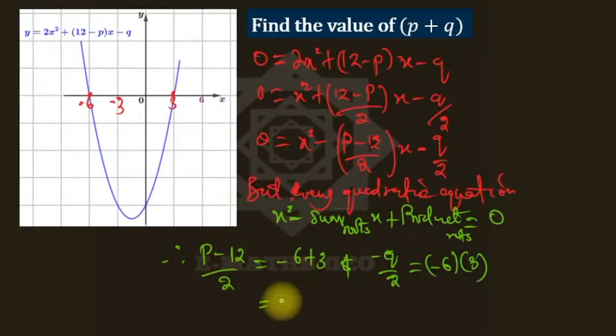So 12 minus 6 is 6. So p is 6. Q here is minus 18, so q is now 36. Okay, we're asked to find p plus q. So p plus q will be 6 plus that, which is 42.